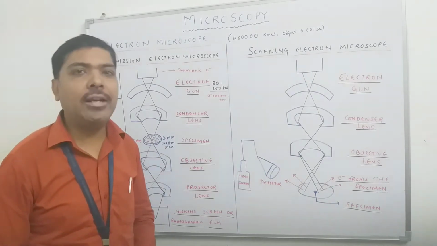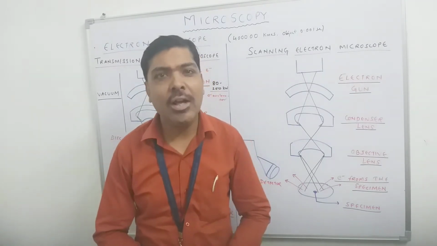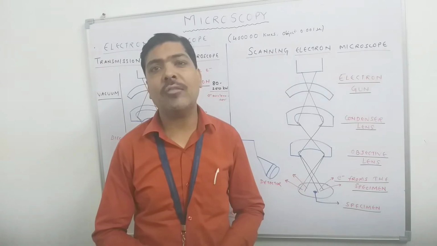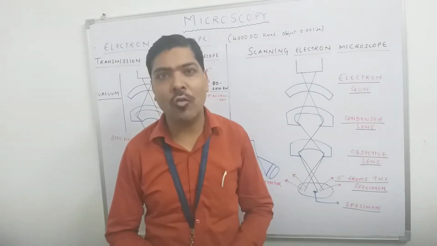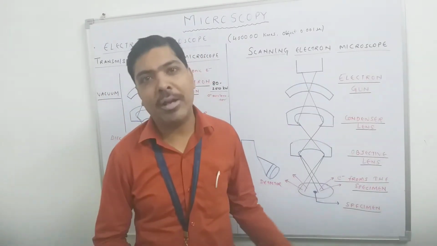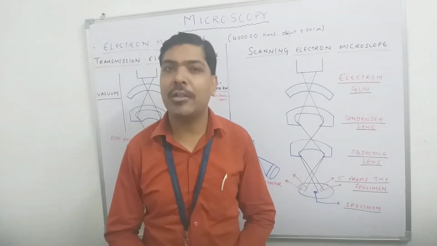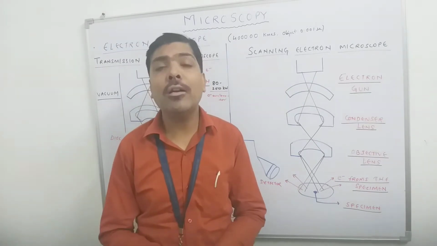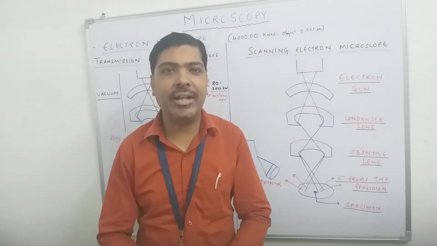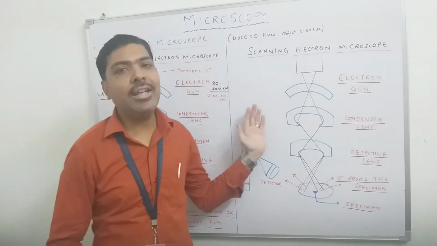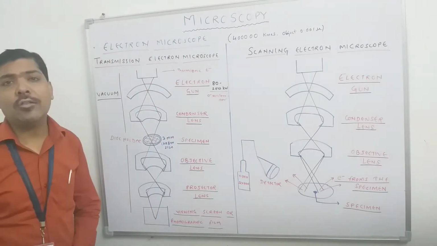Similarly, if I am interested in studying the superficial or outermost structure of any object or cell, or some pharmaceutical applications like various nanoparticles, then we can go for scanning electron microscopy. So for the internal organization we use transmission electron microscopy, and for the superficial, outermost structure of any object we use scanning electron microscopy.